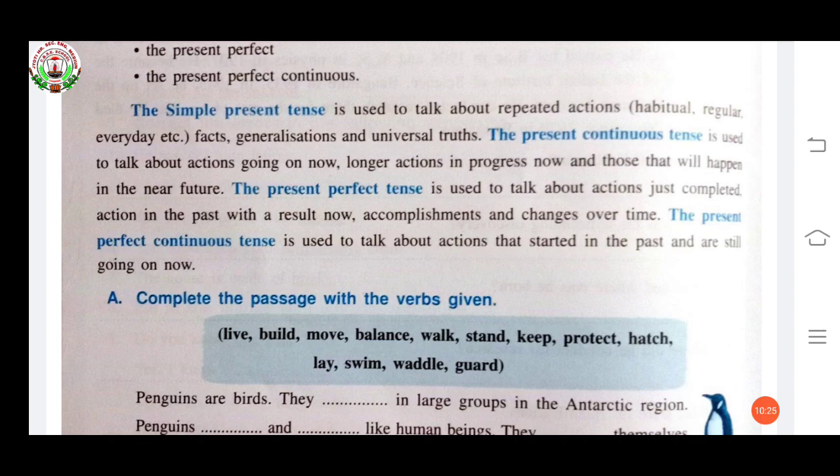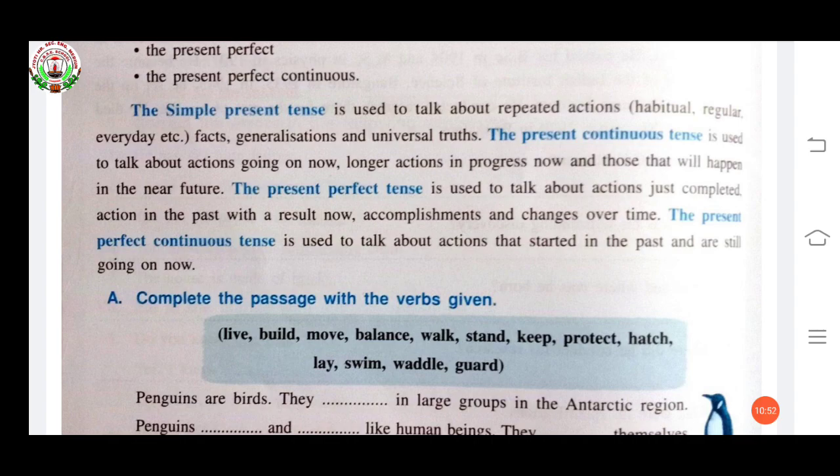Okay, like every day you are going to school, every day you are drinking milk, or every day you are doing exercise, or every day you are going to your music class, whatever it is, any daily work, any habitual work, or any facts, truth, or universal truth, like the earth is round.